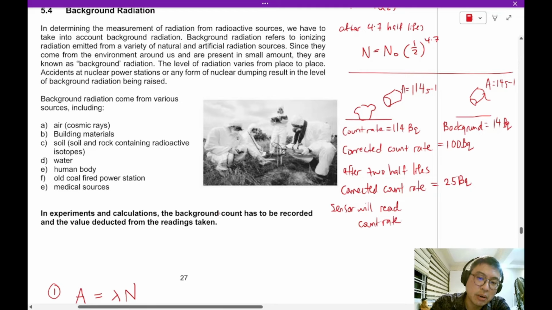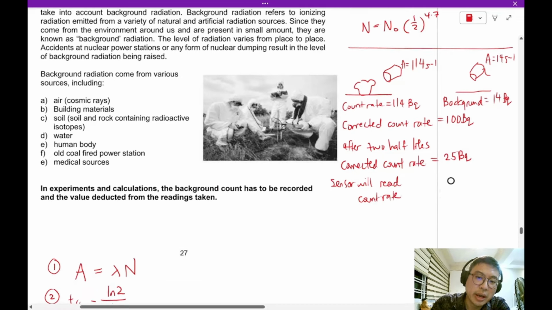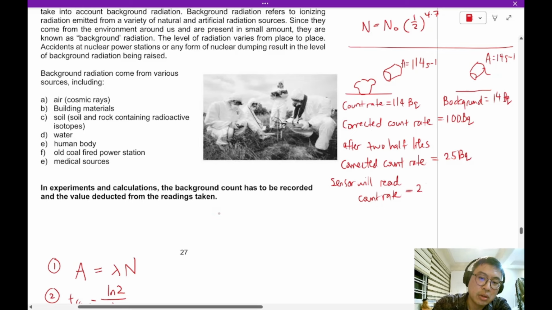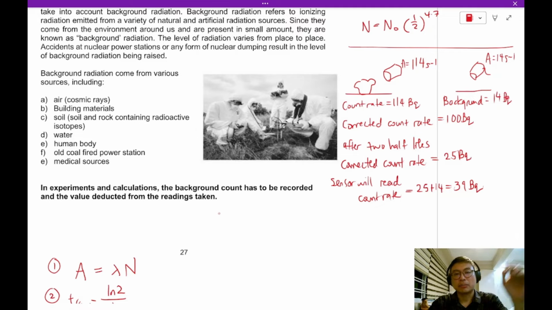And how much is the count rate? You have to add the background radiation back again. That will be 39 becquerels. Okay, so this is how to deal with the background radiation in terms of correcting the sensor reading.